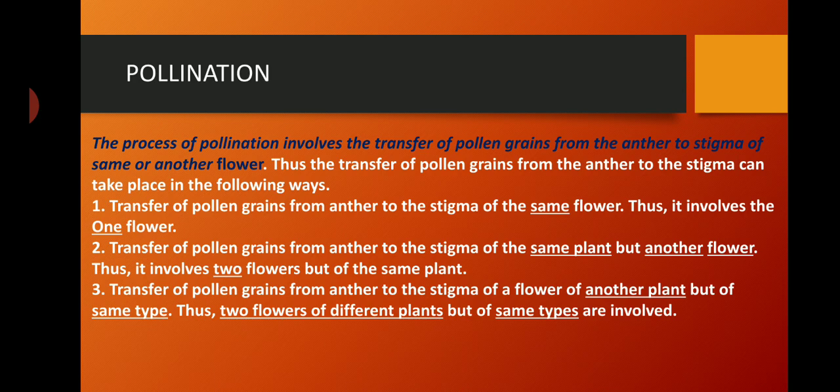You may say two rose plants, you may say two jasmine plants. All right, the plant should be same. So the transfer of pollen grain can take place from a flower of one plant to the flower of the next plant but of the same type.